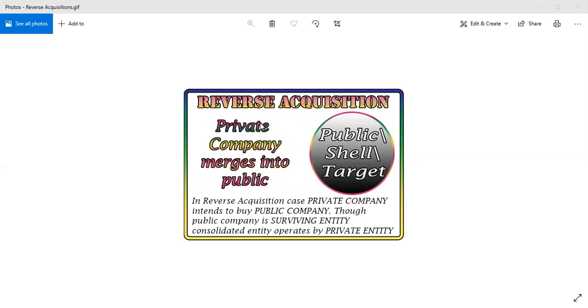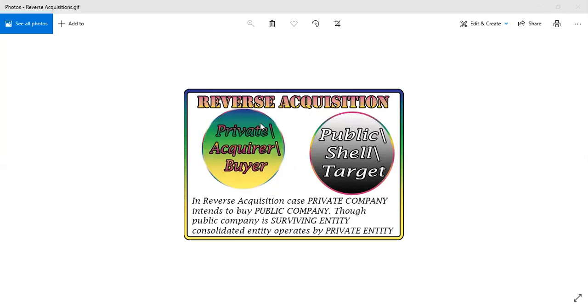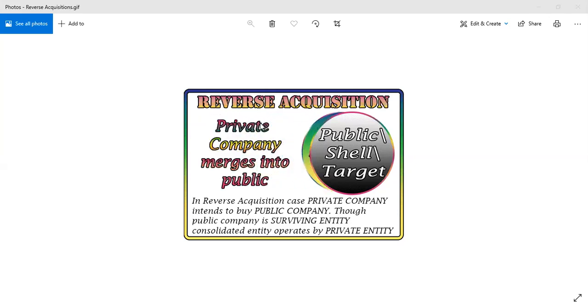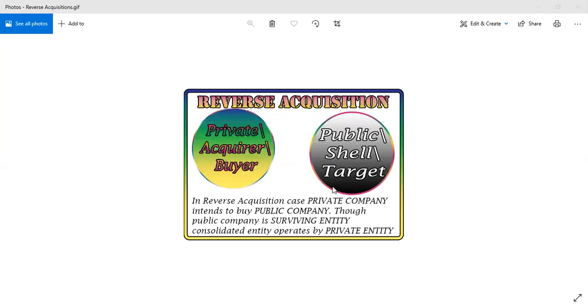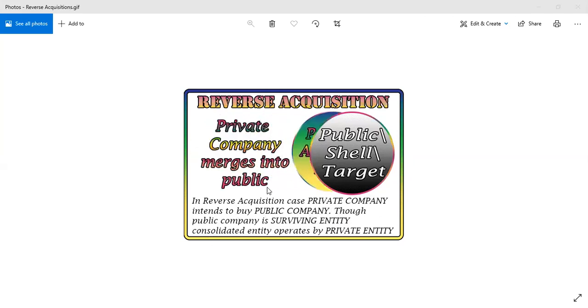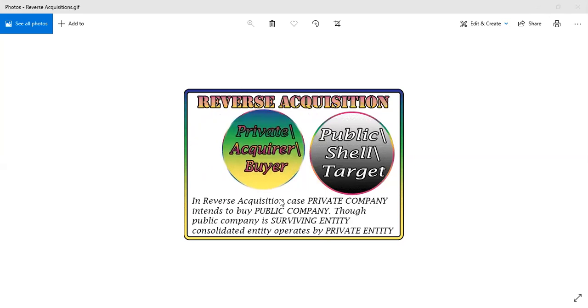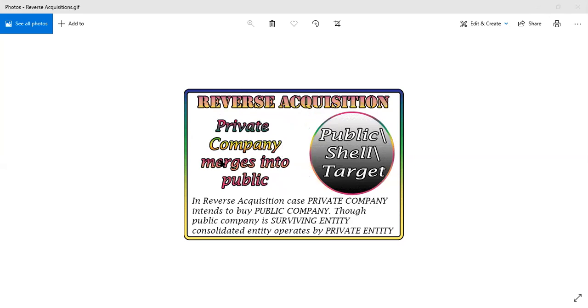Whereas if we say public companies, then these are the corporations whose shares or stocks are issued to the public. So that's how to differentiate the two terms. Then we can see here in the annotation at the bottom that in a reverse acquisition case, a private company intends to buy a public company. So this is the setup: private wanting to become public.